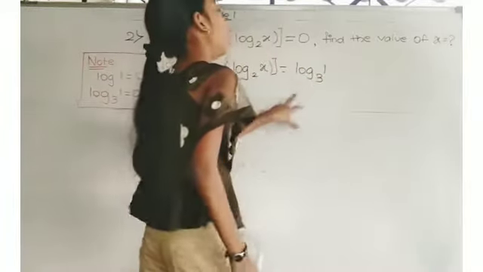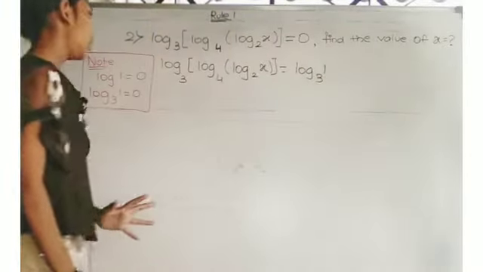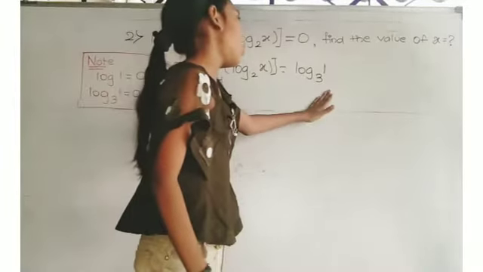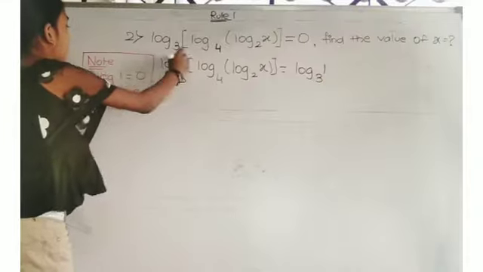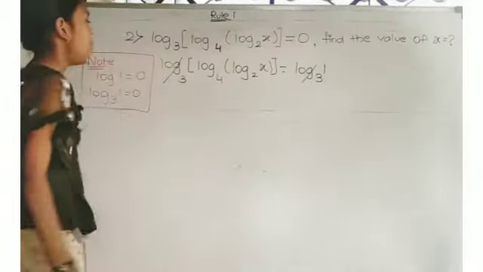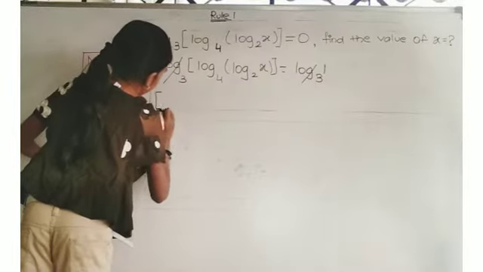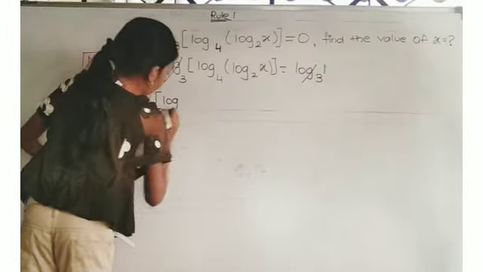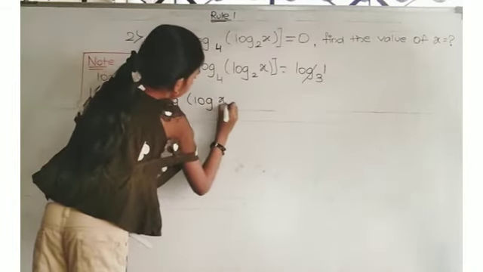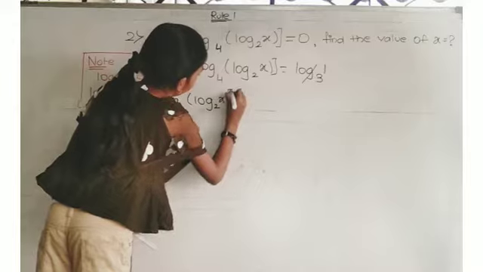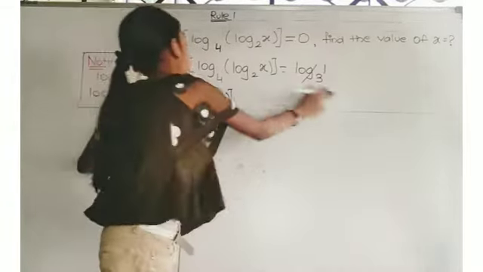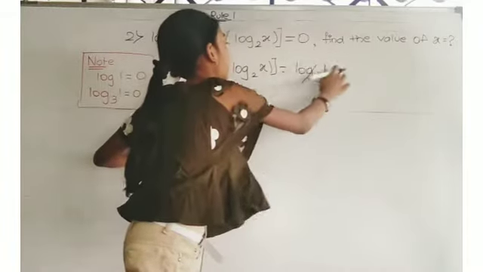So it will become log 1 base to 3. Now this log base to the 3 and this log base to the 3 will be cancelled. This much part will be remaining on this side. We are going to write log in the bracket log x base to 2 and base to 4 is equal to the remaining 1.